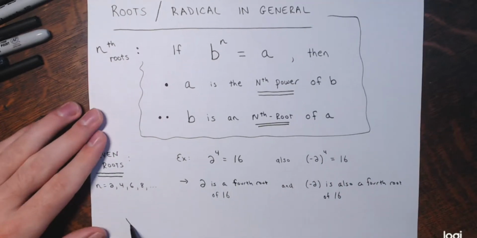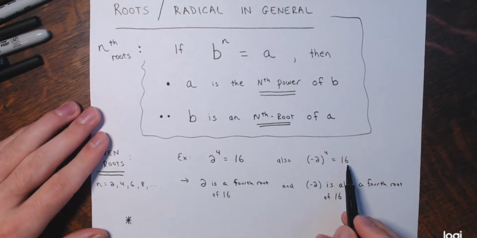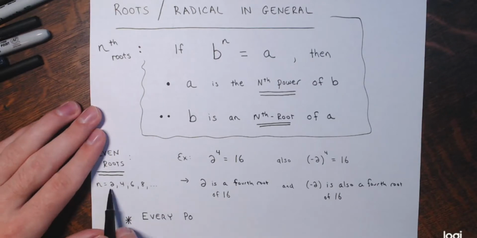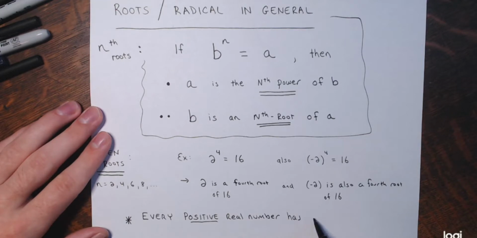So for even roots, every positive real number, like 16, has 2 even roots.